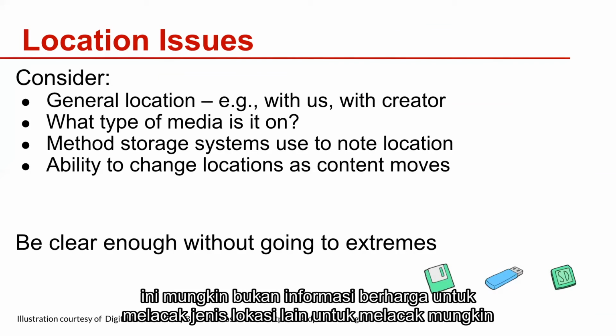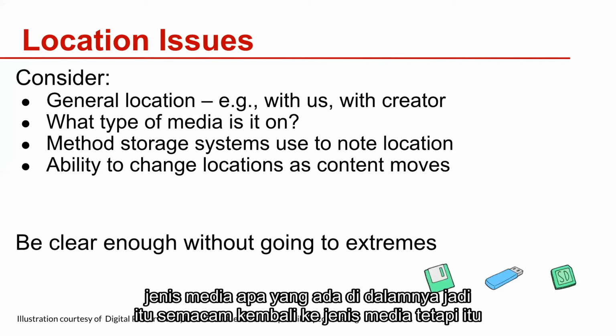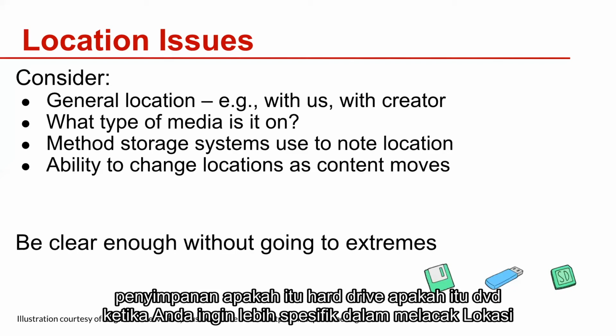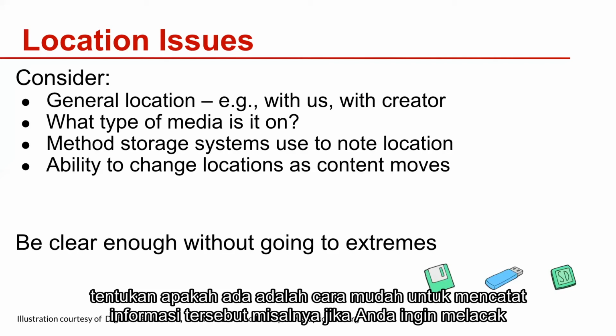Another type of location to track may be what type of media is it on? So that's kind of going back to the media type. But it could also be considered a type of location. Is it a network drive? Is it online storage? Is it a hard drive? Is it a DVD? When you want to be more specific in tracking locations, determine if there is an easy way to record that information.